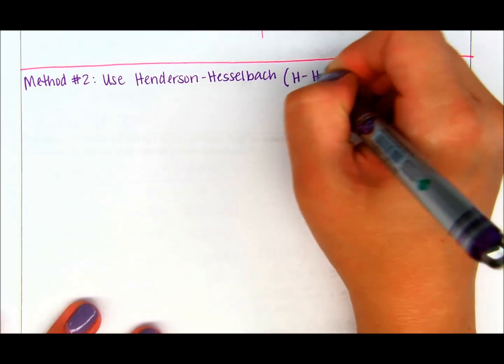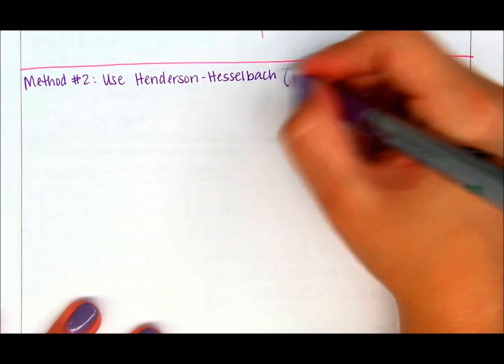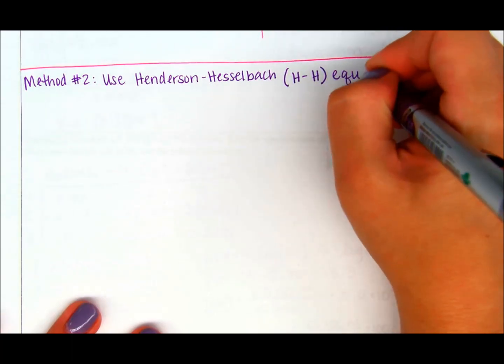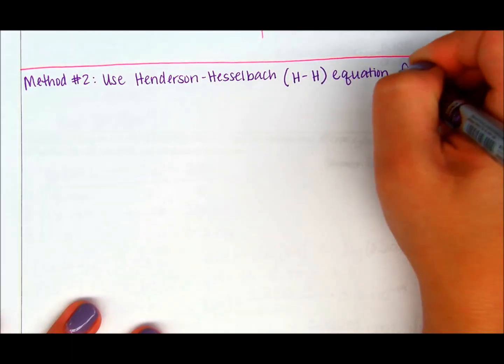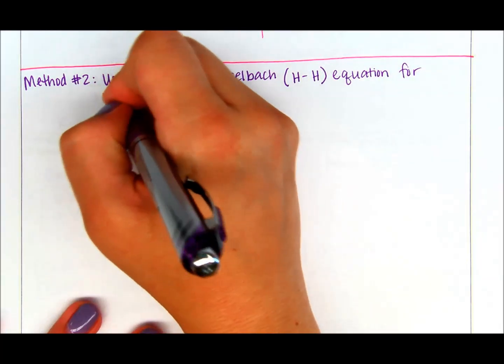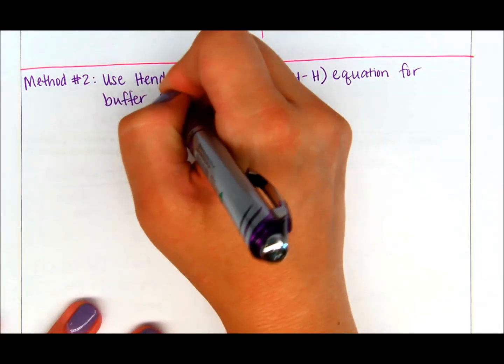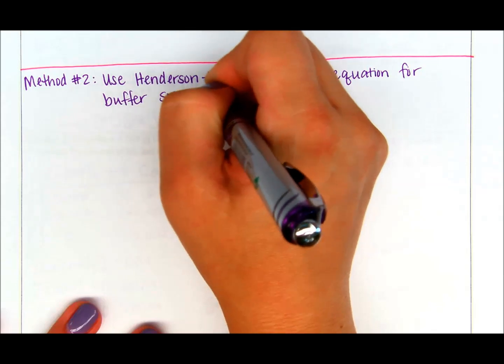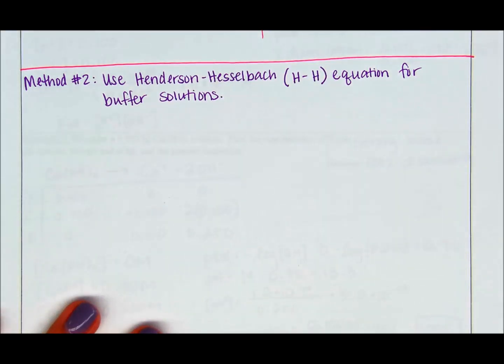We just call it HH. People abbreviate it HH for short, and you can see why. And only for buffer solutions. And it saves you a ton of time.